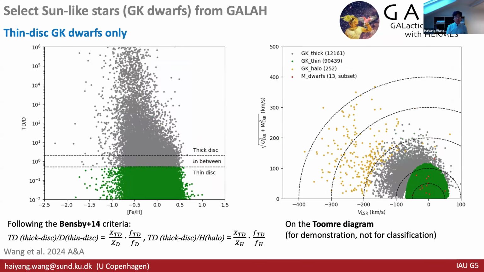So here I show how we selected the thin disk stars based on the Bensby 2014 criteria, by calculating the ratio between the thick disk and thin disk, and you might find the details in the work. Then the right panel shows the Toomre diagram to show how the kinematic data behave for these different parts of the stars.